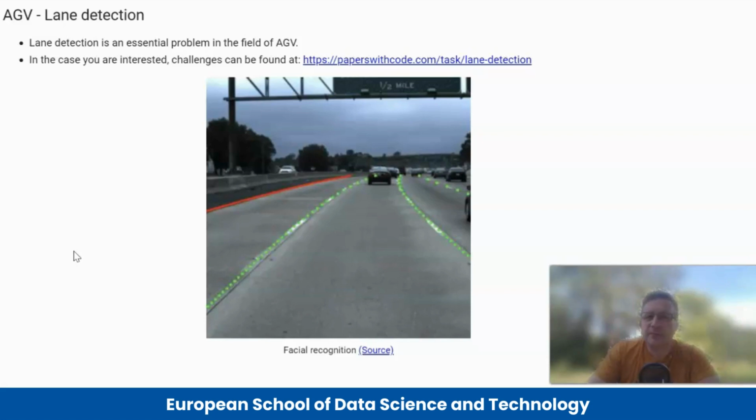And the most simple problem, or the most mentioned problem in the case of autonomous vehicles, is lane detection. Imagine that you would like to work on a car which is able to maneuver itself on the road.